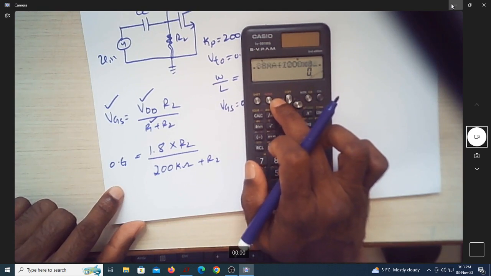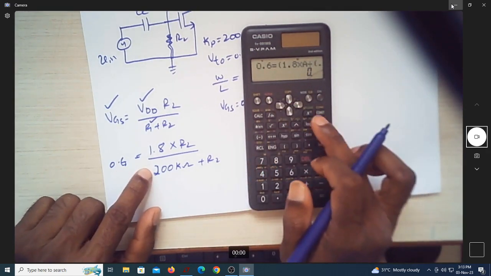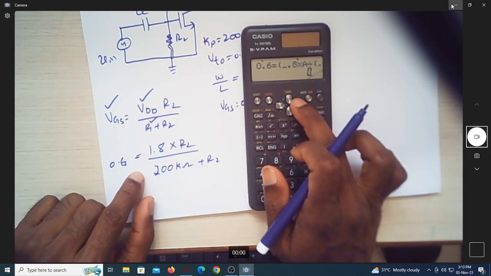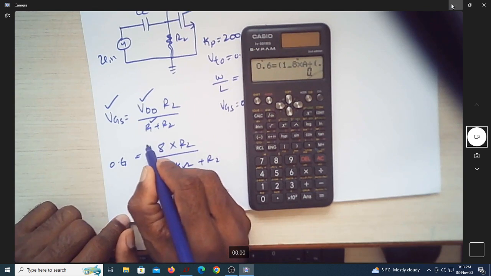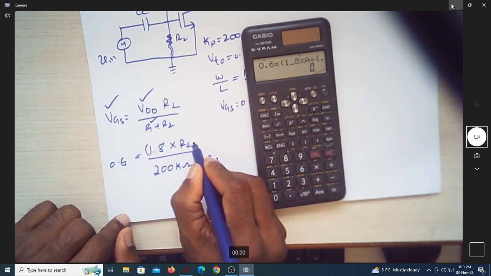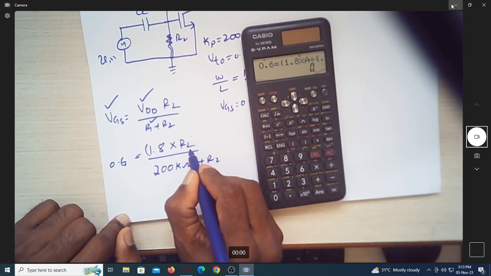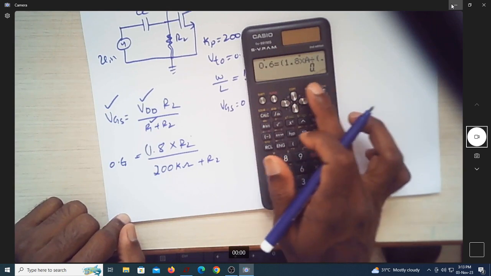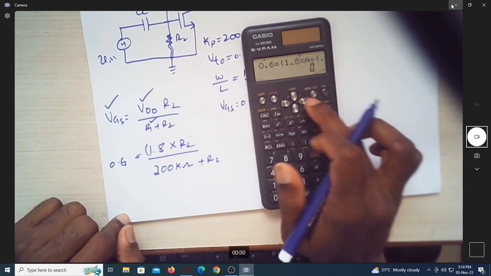I'm just feeding this equation as it is: 0.6 alpha equals, open the parenthesis, and this whole divided by, and you have this.